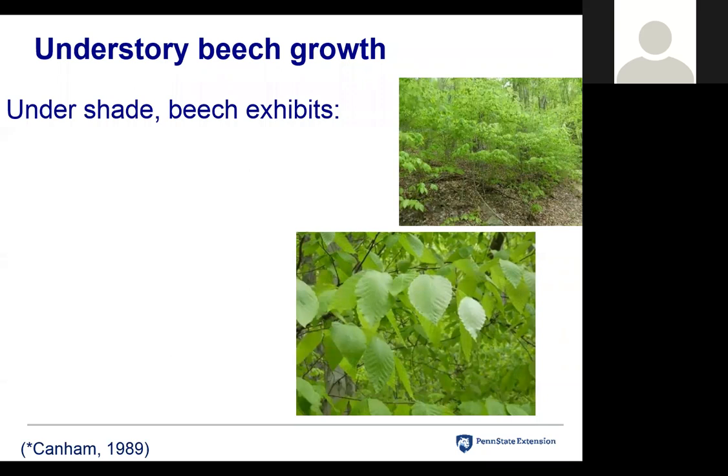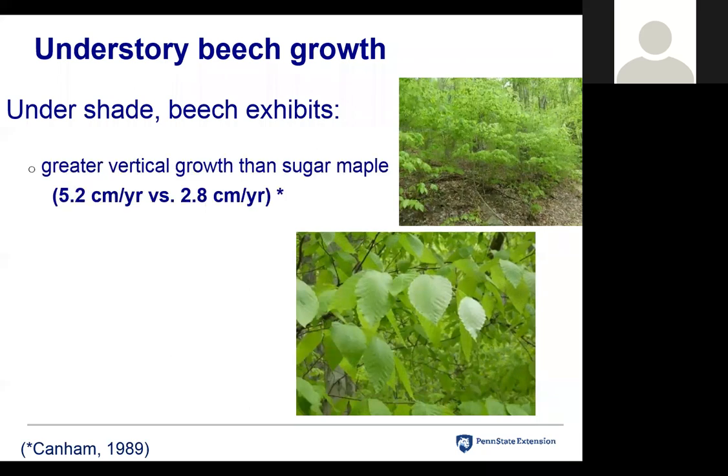But in a lot of cases, beech really will perform better than sugar maple. It'll get that advantage, except for maybe in the biggest of gap openings. And in shaded conditions, it has greater vertical growth than sugar maple.